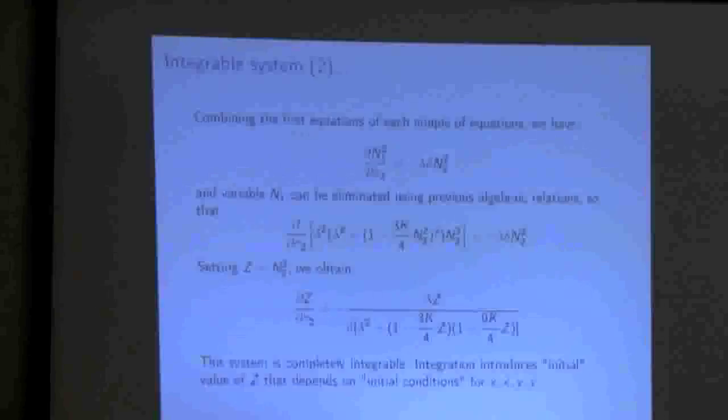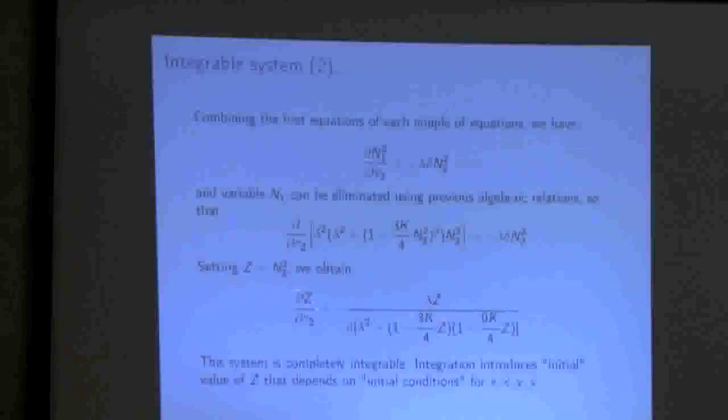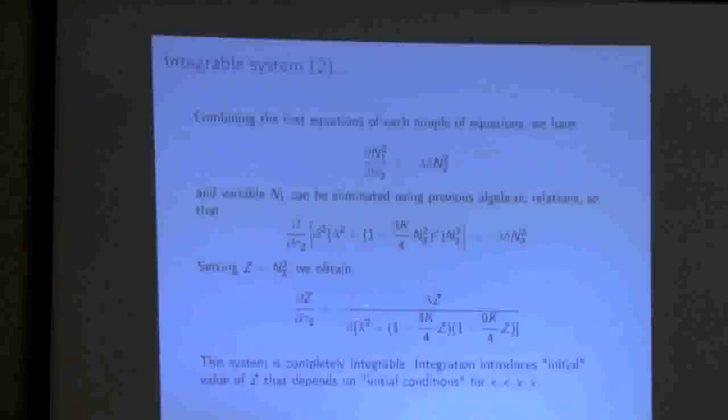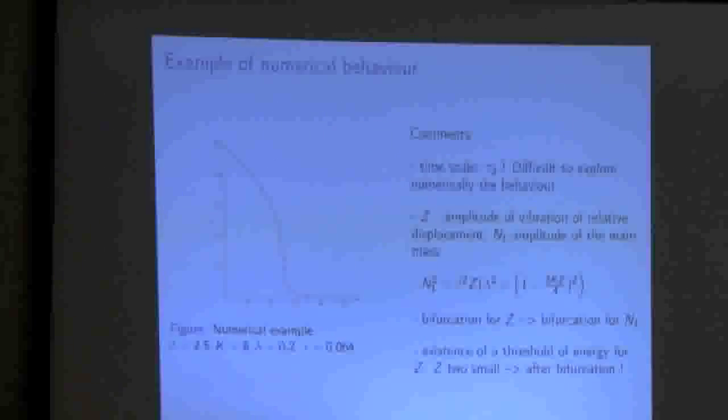And now, this relation is completely integrable, you see clearly that we will obtain a function of tau 2. And the question is, what is the shape of this function?